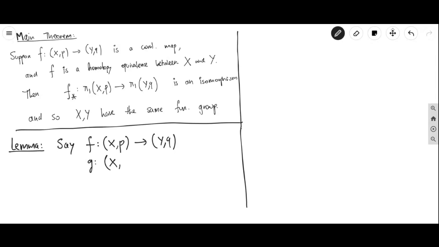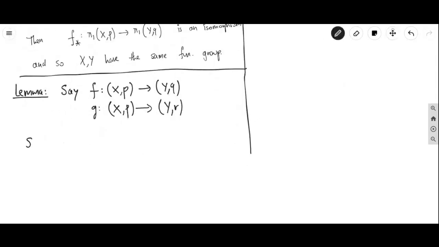So this is going to be (x, p). But when you have another function, it does not have to map that point to q. It can be mapped somewhere else. So g is going to map this somewhere else. Let's call it (y, r). Okay, so say we have this. If we look at the fundamental groups, we go from (x, p), and then f star, that's the induced map that gives us a mapping between these two fundamental groups.